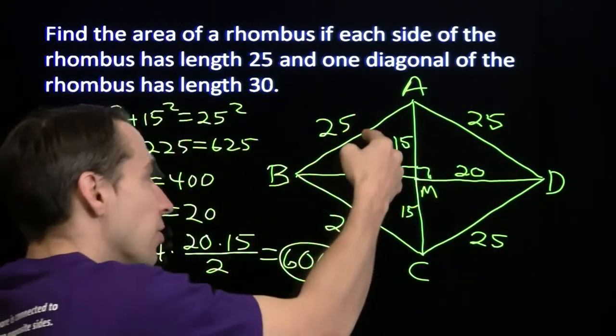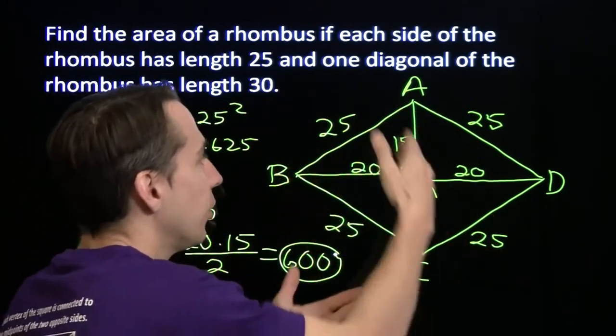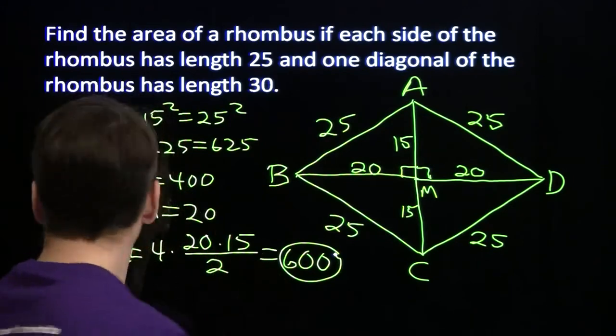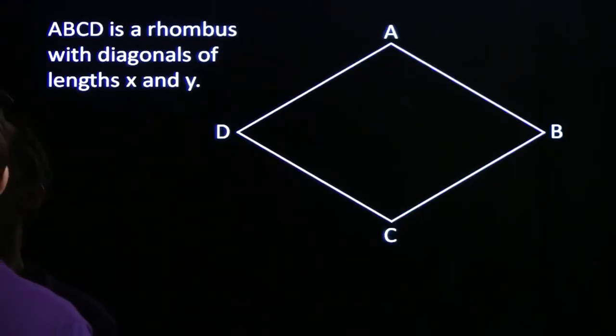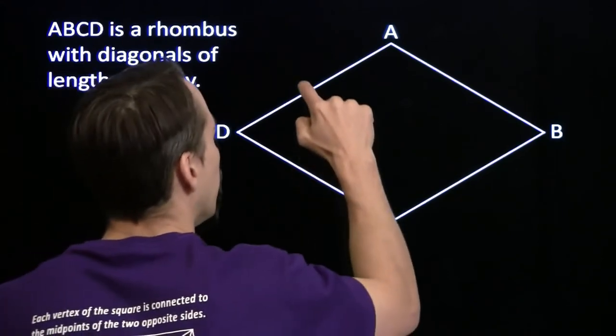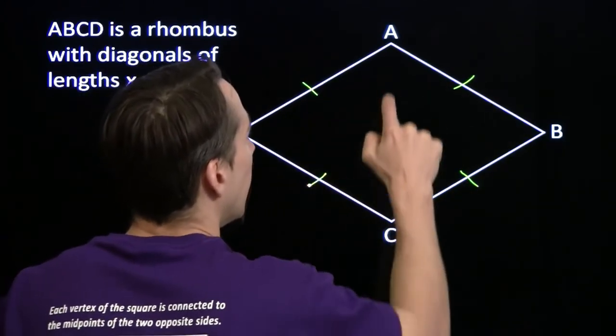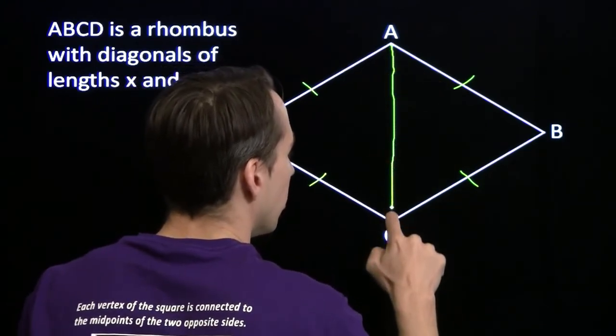A rhombus is 4 identical right triangles put together like this. The diagonals are perpendicular to each other. This turns out to be a really good way to think about a rhombus. Here we've got a rhombus. Rhombus means all the sides are equal. And we draw in the diagonals.